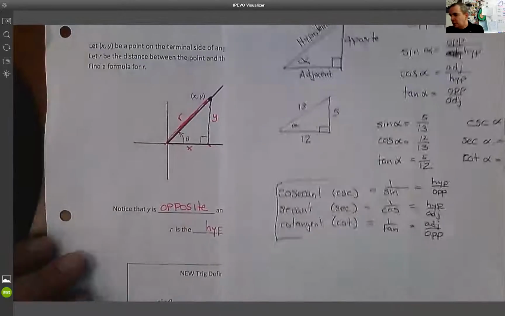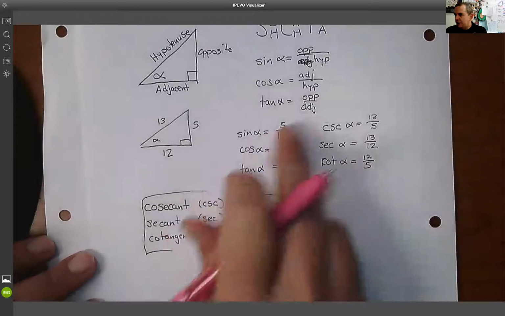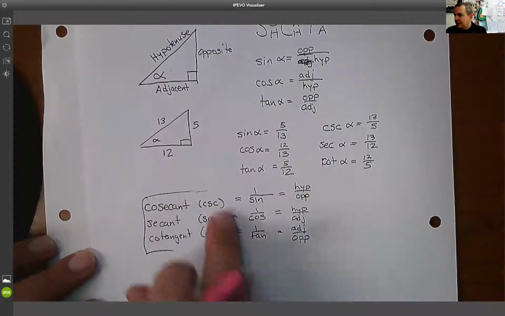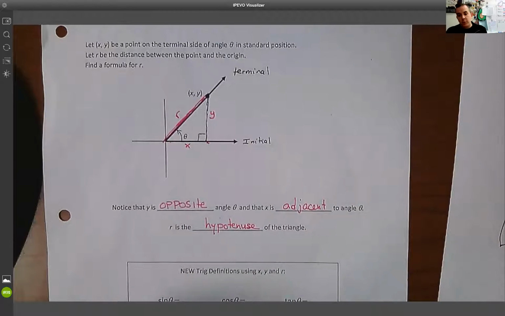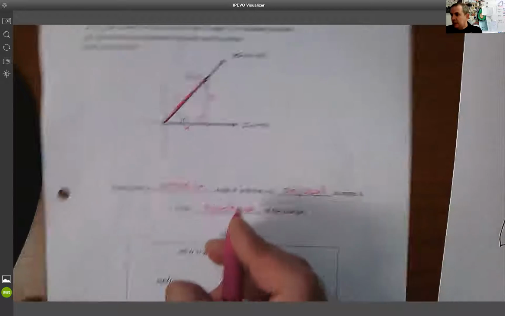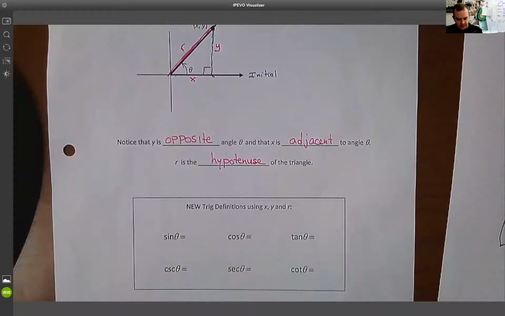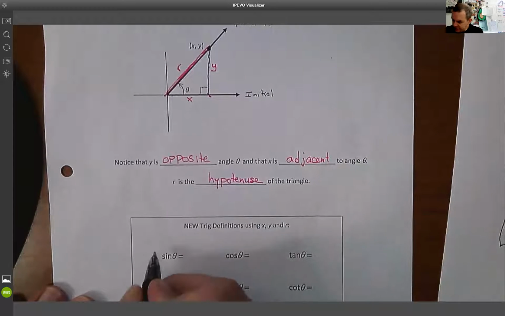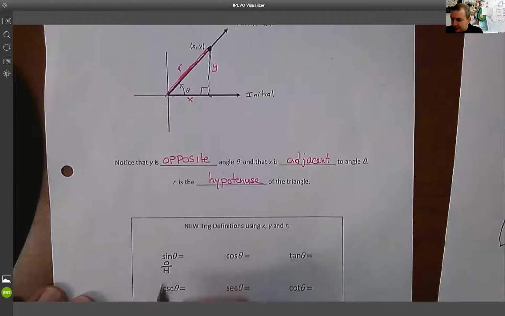So now it allows us to redefine all of the definitions we had before, these SOHCAHTOAs and these cosecants and secants. When we redefine them, the sine of theta, remember, is opposite over hypotenuse.